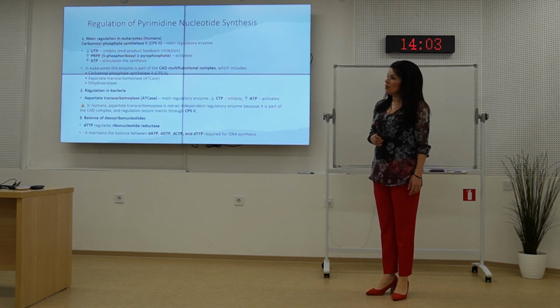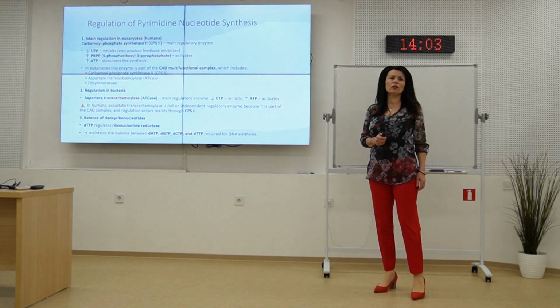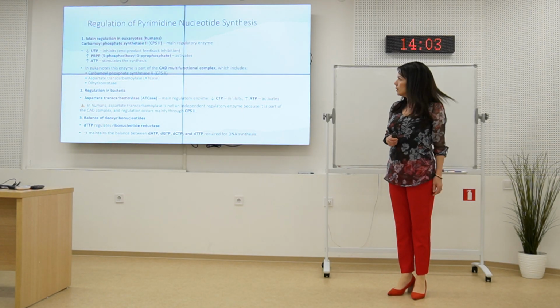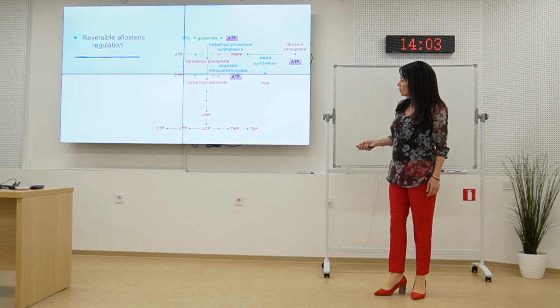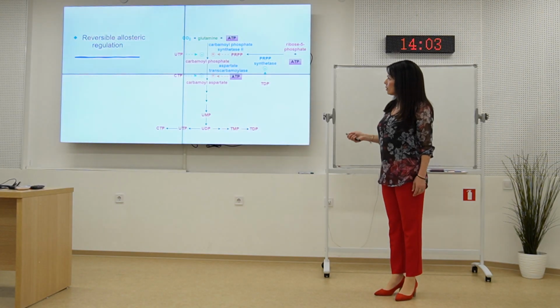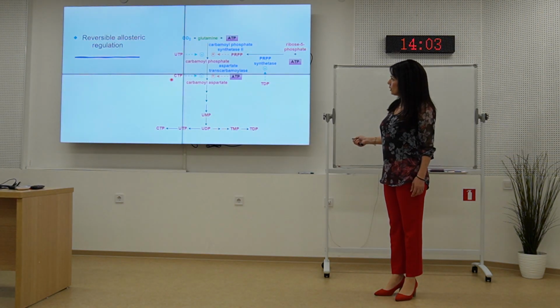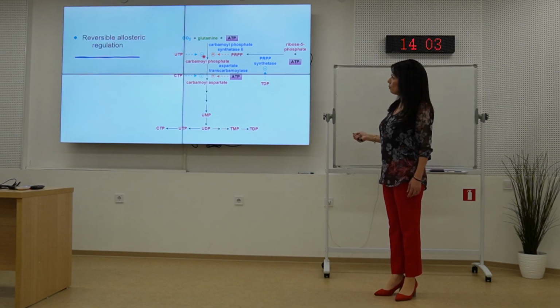The regulation is classical allosteric regulation, as well as in purines. Again, the end products inhibit: CTP, which is one of the end products, inhibits the aspartate transcarbamylase enzyme. UTP inhibits carbamoyl phosphate synthetase number 2.